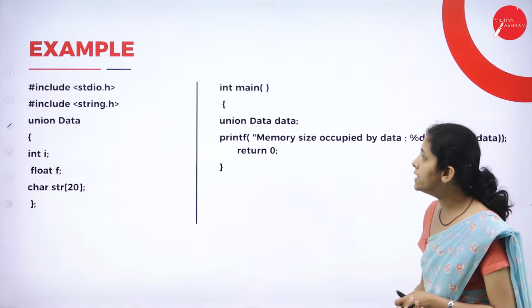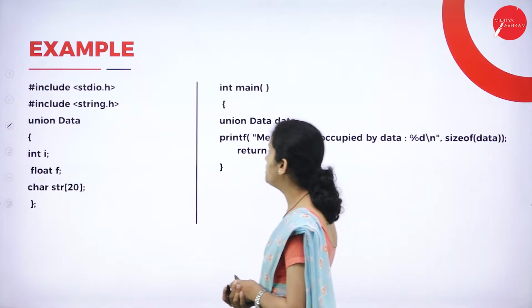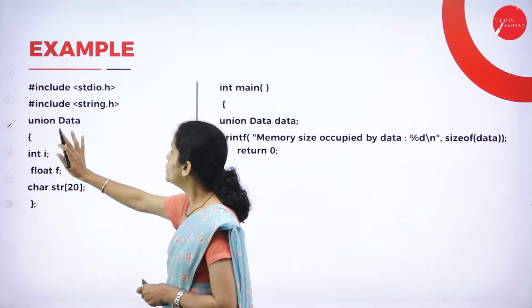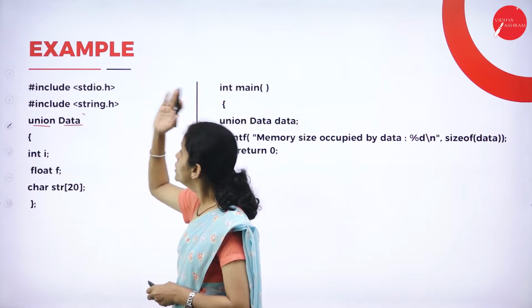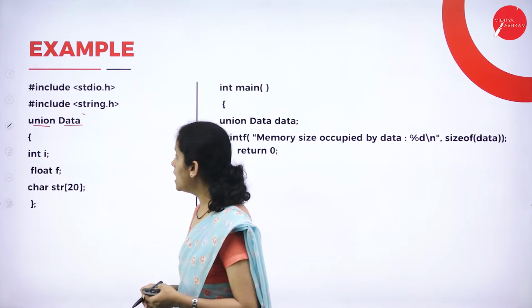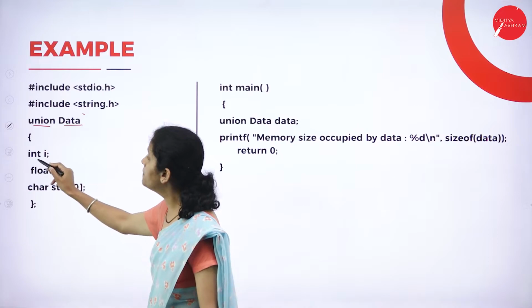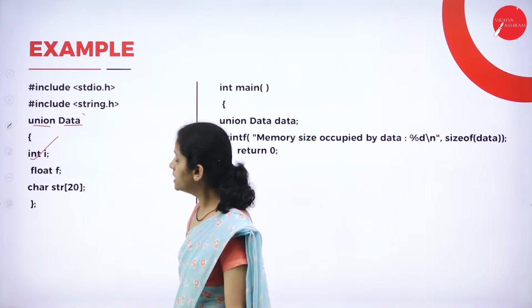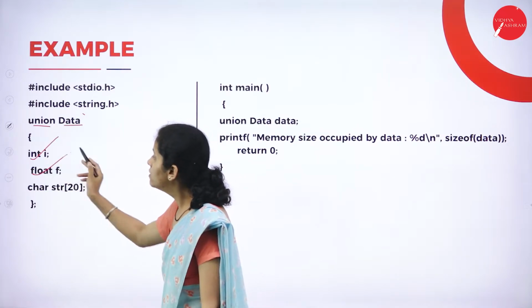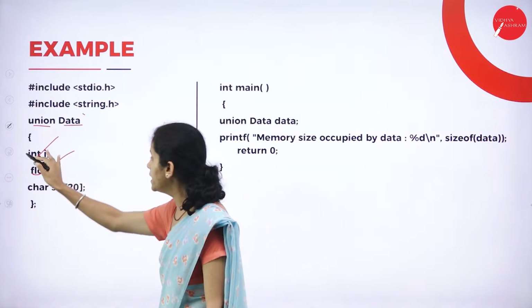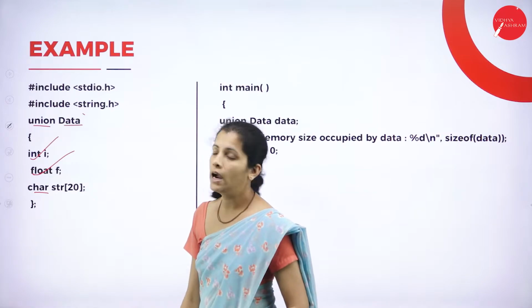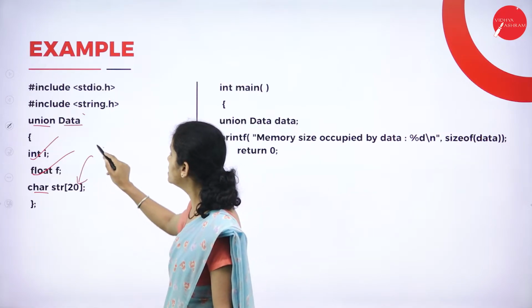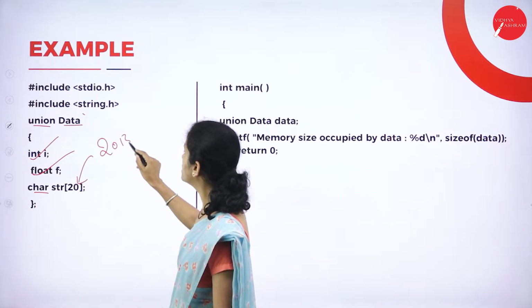Now, dear student, I'm going to have the example here. I'm going to have a union, and here the union name is data, and I have the members, that is i, first one integer, second one float, then a character array. And what is the size of the character array? It is 20 byte.